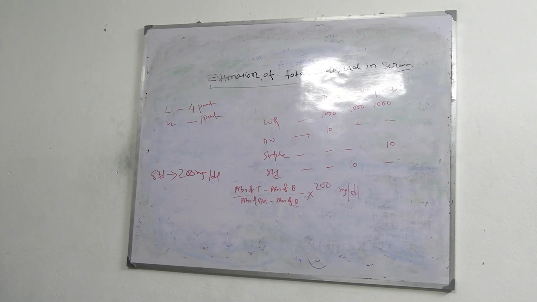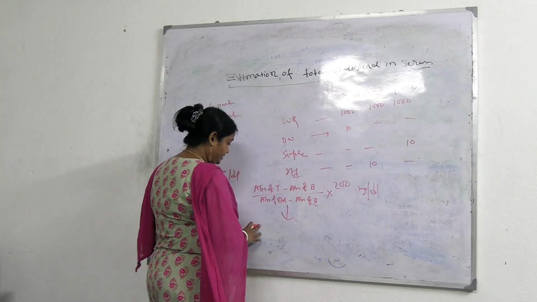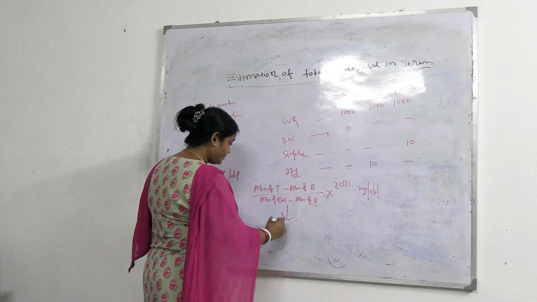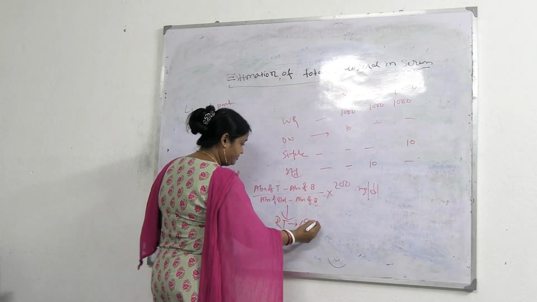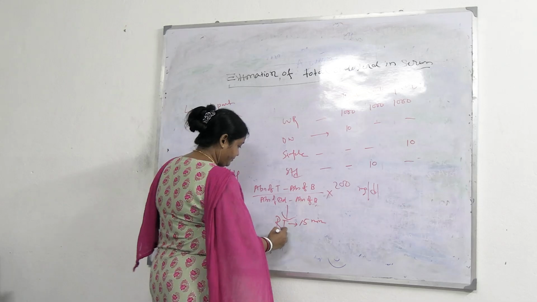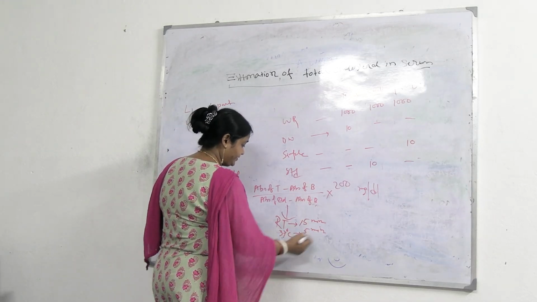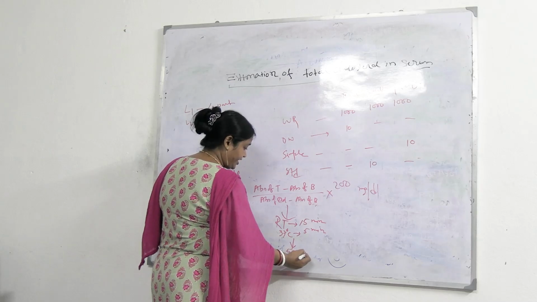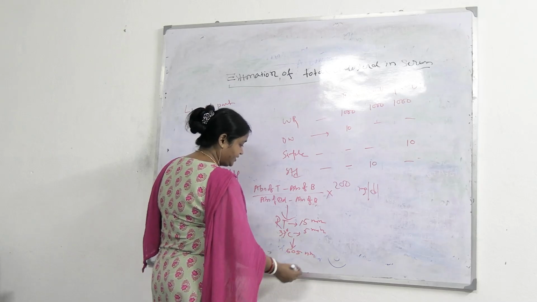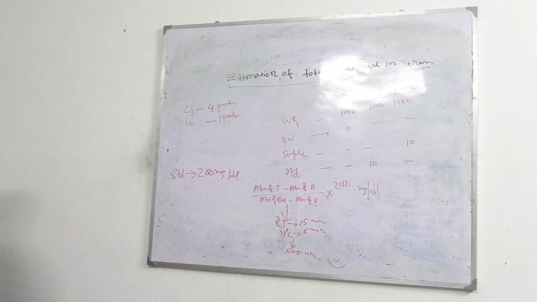Now what we will do, you will incubate it at room temperature for 15 minutes, and at 37 degrees centigrade it will be incubated for 5 minutes. Then at 505 nanometer wavelength you will check the result, the color of the quinoneimine dye, red color.